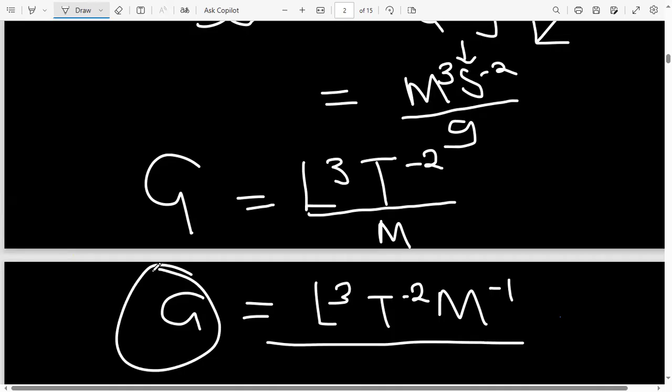Okay, so any questions there? I've got a question. Yes, you can ask. Do we carry the base units for mass as kg or as grams? Okay, so when you're dealing with dimensional analysis, they mostly use grams, so you use grams here.